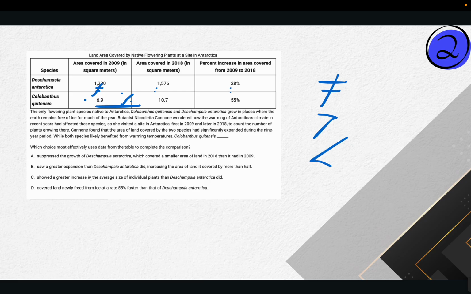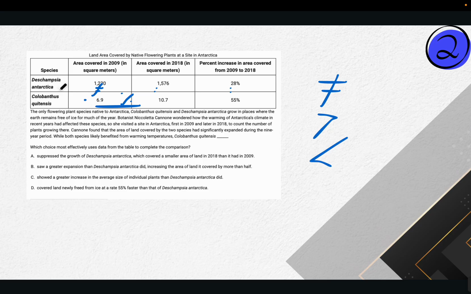Choice B is the best answer because it shows that the data from the table completes the comparison of how Colobanthus quitensis benefited from warming temperatures with how this one, Deschampsia antarctica, benefited.